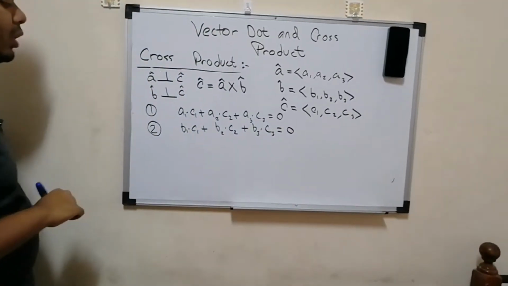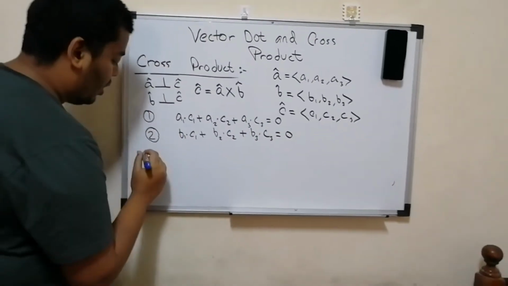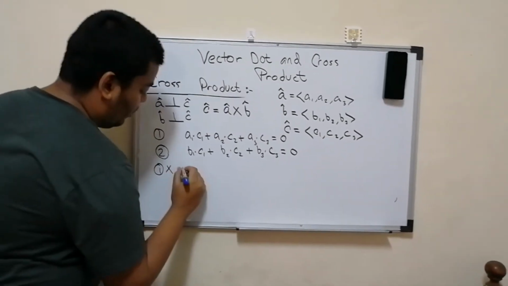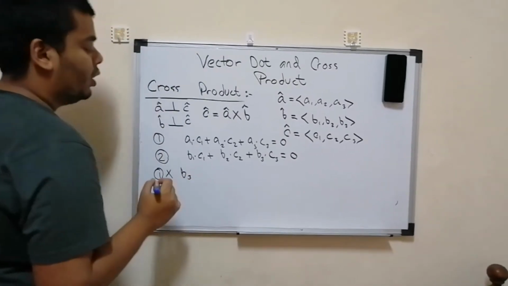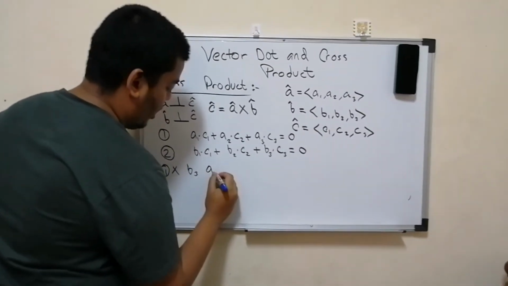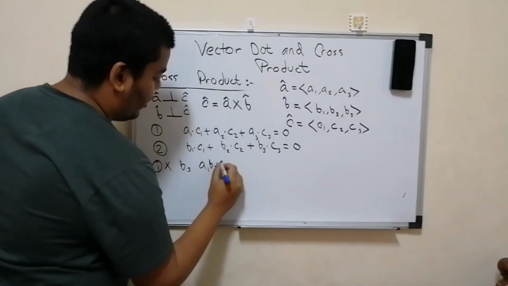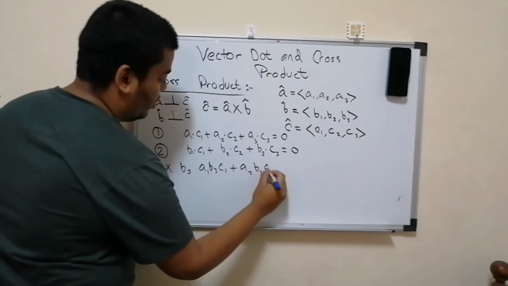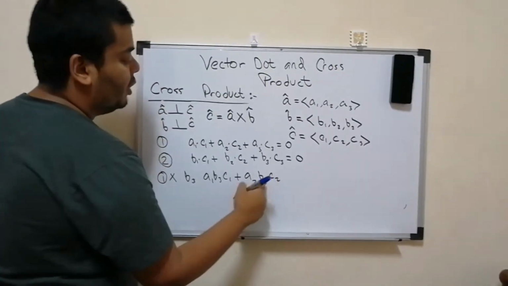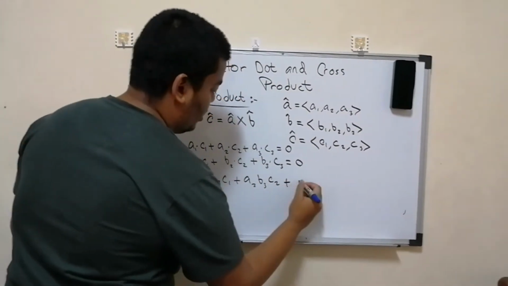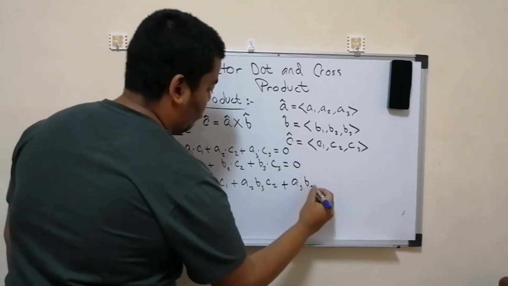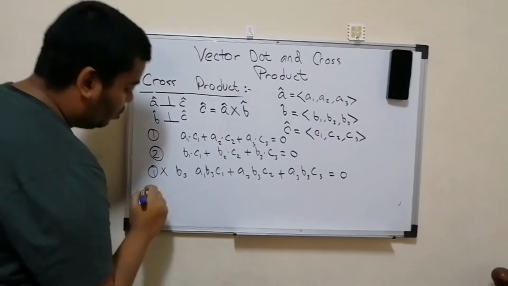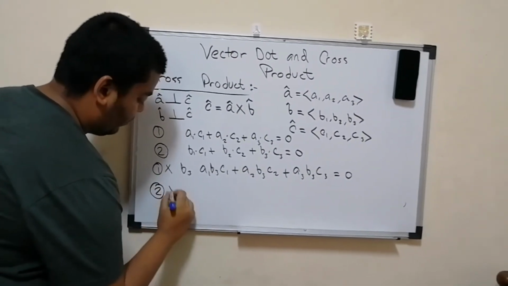Now let's do something. Equation 1 multiplied by B3 will give us A1 B3 C1 plus A2 B3 C2 plus A3 B3 C3 is equal to 0. Equation 2 we will multiply by A3.